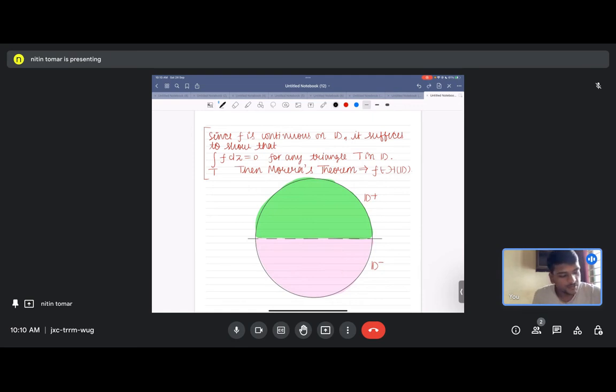Now the only problem is if a triangle has some non-empty intersection with this line, say L. A triangle can look like this, on this line, or like this, or it can just intersect at some point. Let's say this is type 1, this is type 2, and this is type 3.